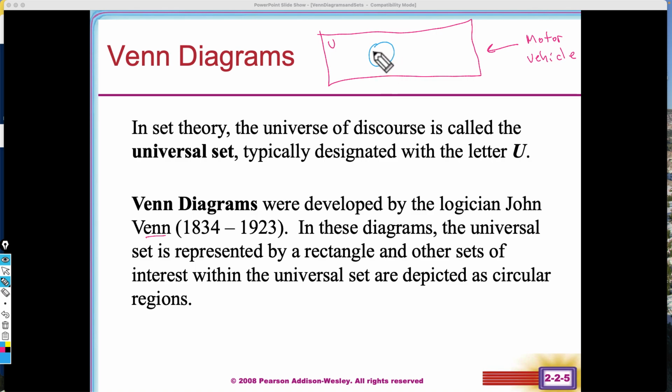So this set might be pickup trucks. I'll just do PU. And then you might have another circle that could overlap this. And maybe this would be red vehicles.